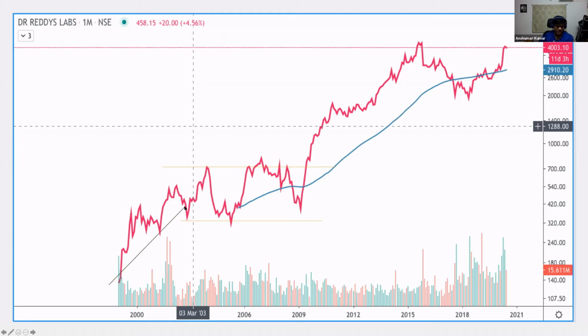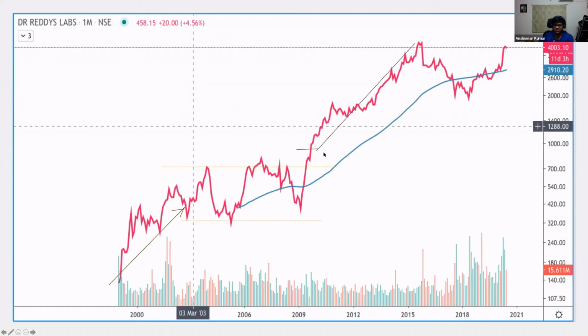You again have a period of trend, okay? And you again have a period where you have a large consolidation where the stock does nothing, coils about. And then again, at this point, you have a breakout. And just look at the kind of returns that you have gotten from there.